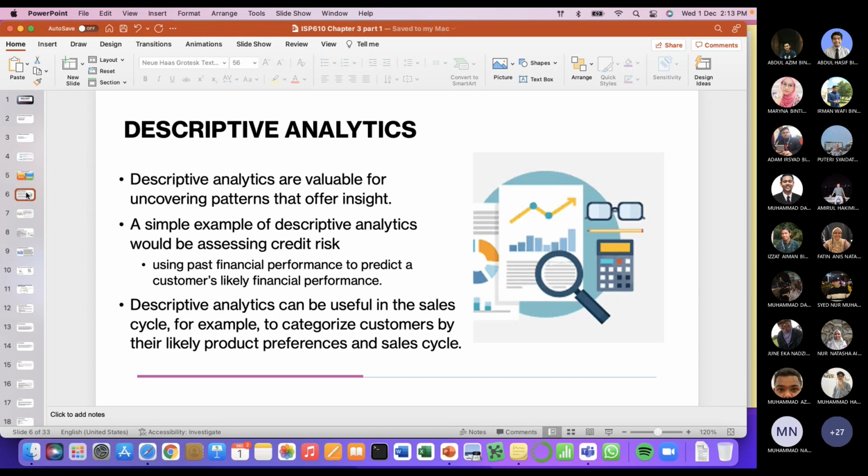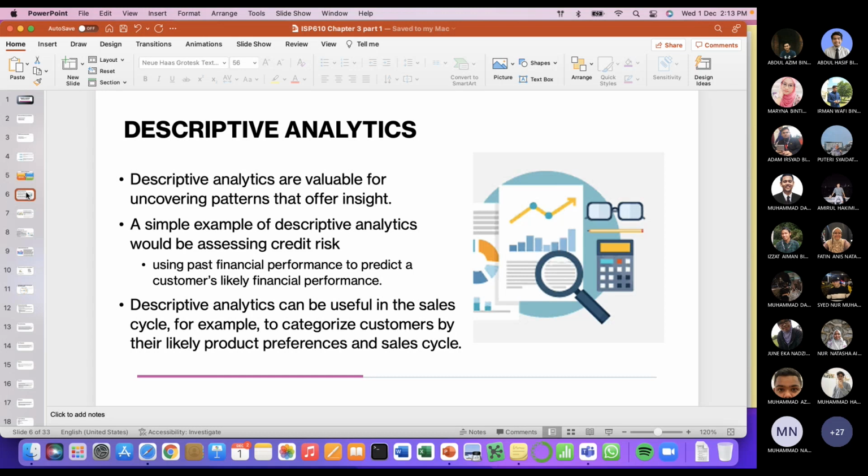Not only the loan with that particular financial institution, but they will also look at the overall financial performance of that customer. So based on that, they will determine whether the application should be approved or rejected.